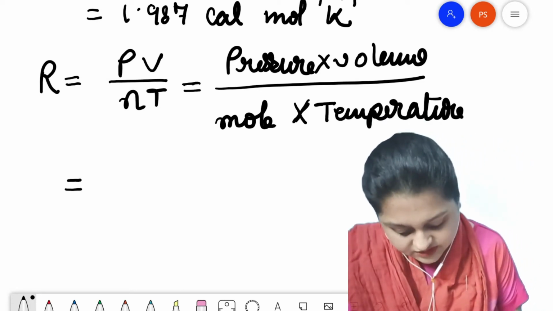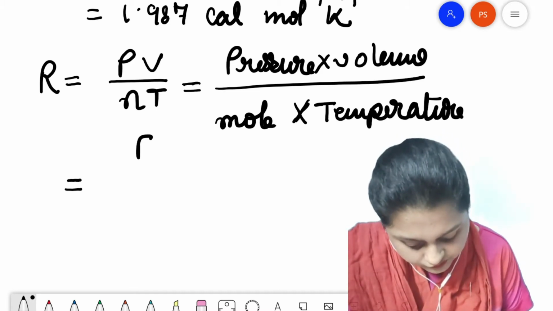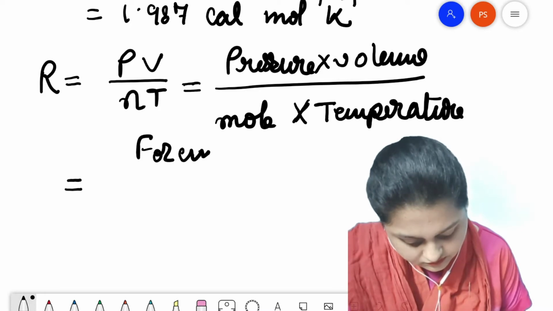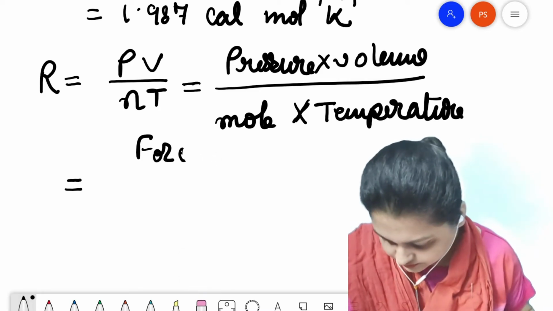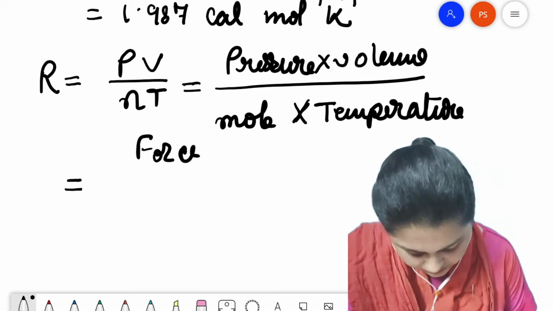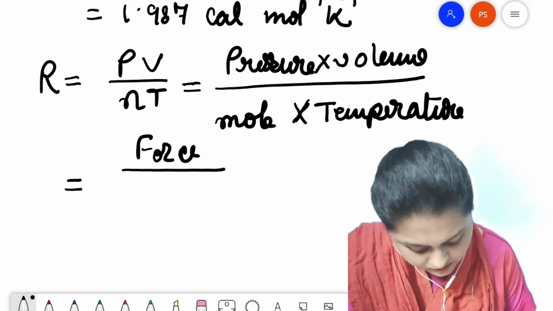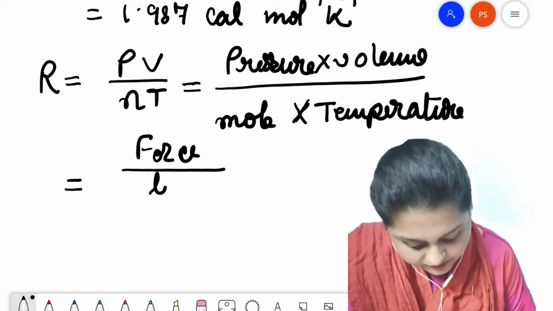Now, the dimension for pressure will be force divided by area, that is length squared.